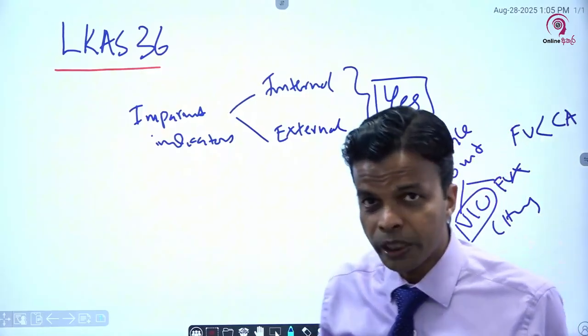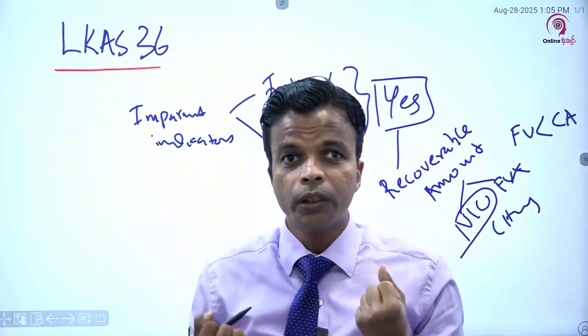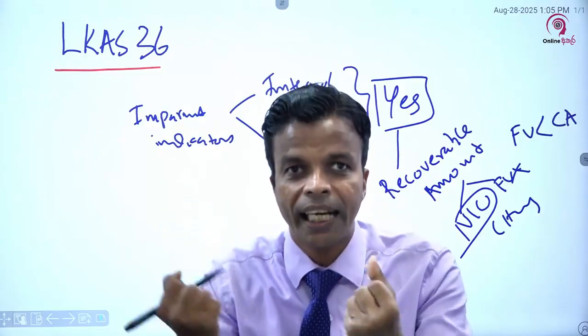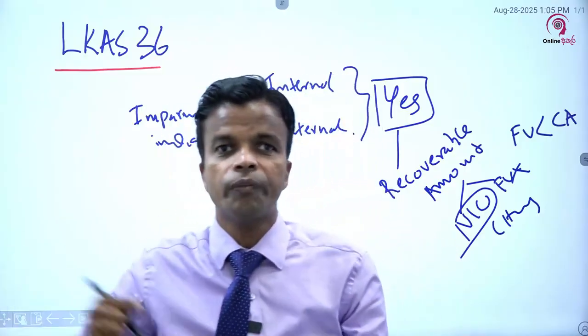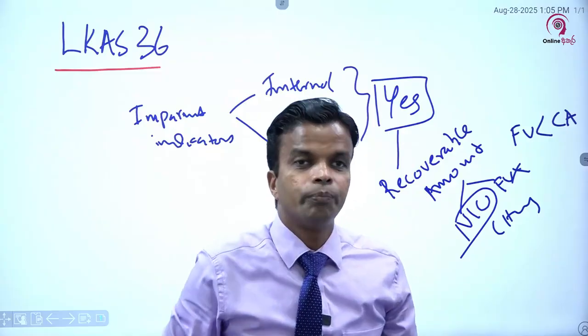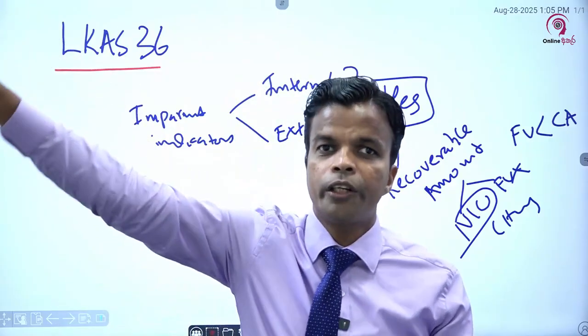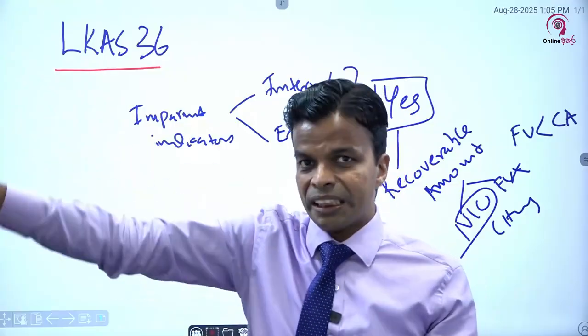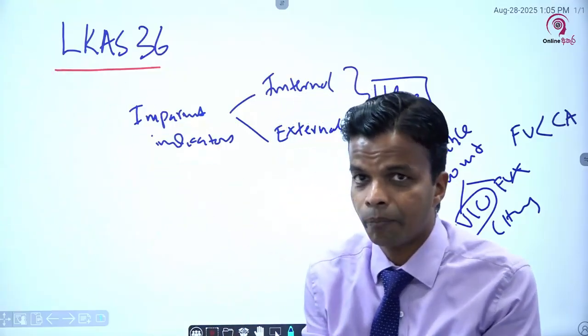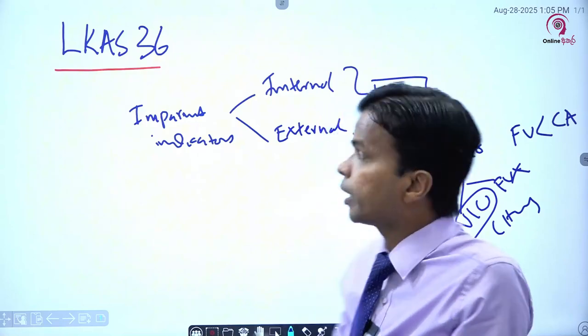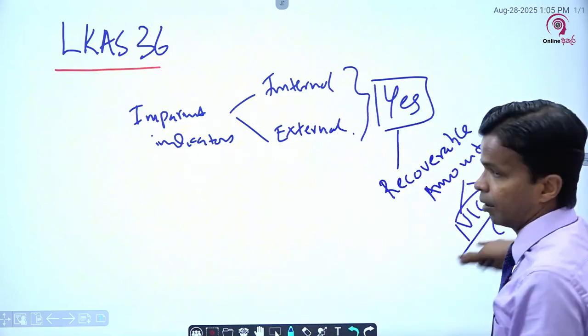So value in use means the total amount of cash you are getting by continuing to use this asset. So you have to establish future cash flows which you are going to generate through this asset, present value it, and take that amount as value in use and compare it with the carrying amount.